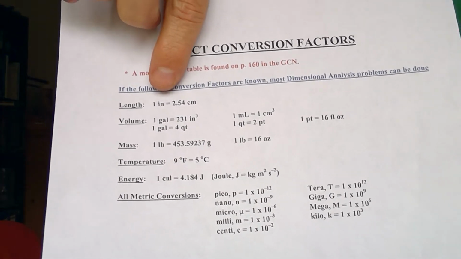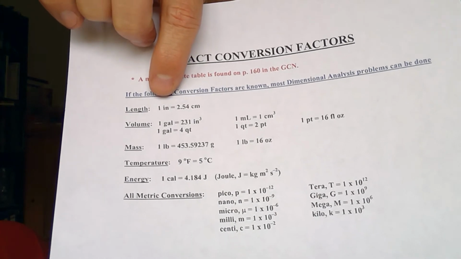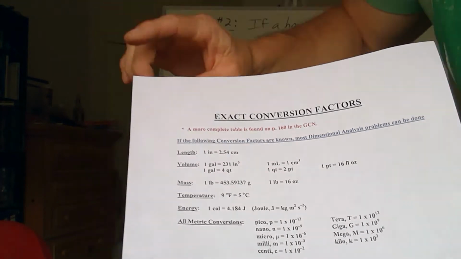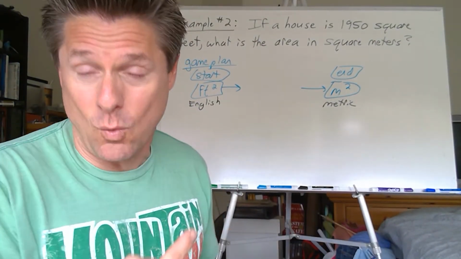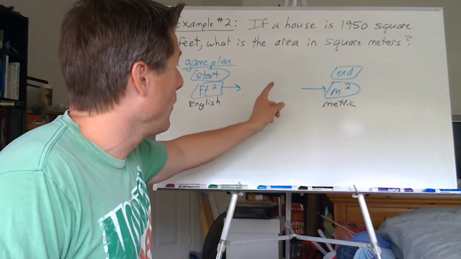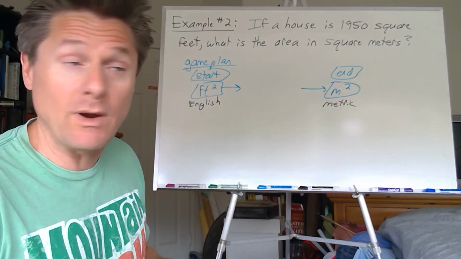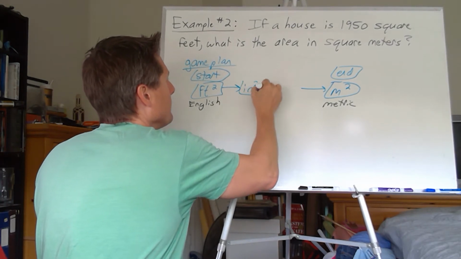The only one given is 1 inch is equal to 2.54 centimeters, and that's exact. Okay, so inch is the English unit. So I've got to get from feet squared to inches squared. And once I'm in inches, I can get to centimeters squared. And once I'm in centimeters squared, I can get to meters squared.